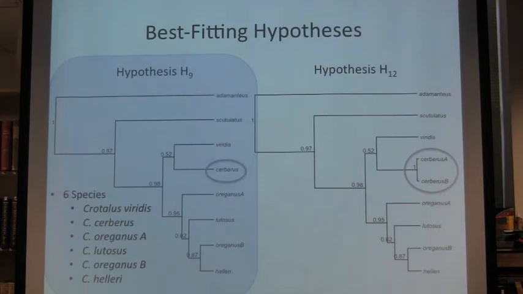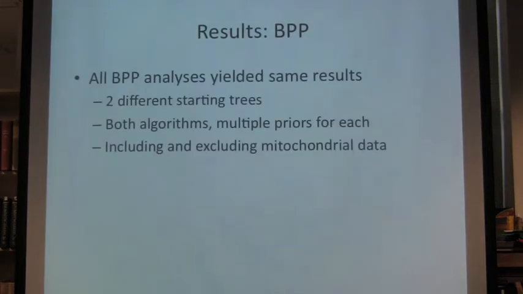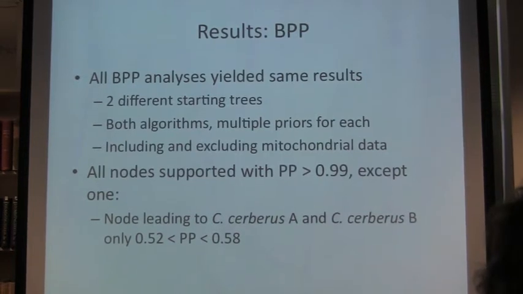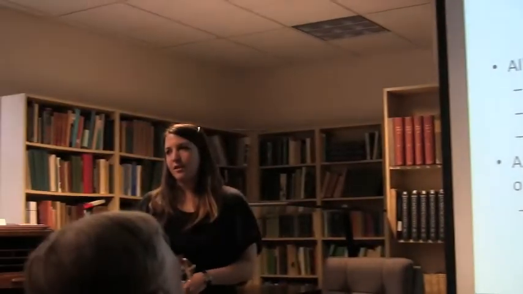So let's see what BPP has to say. All BPP analyses yielded the exact same results, so that's regardless of the starting tree, regardless of which algorithm, regardless of whether mitochondrial data were excluded, and that result is that all nodes were strongly supported except for the one leading to Crotalus Cerberus A and Crotalus Cerberus B. So BPP also favors hypothesis 9.